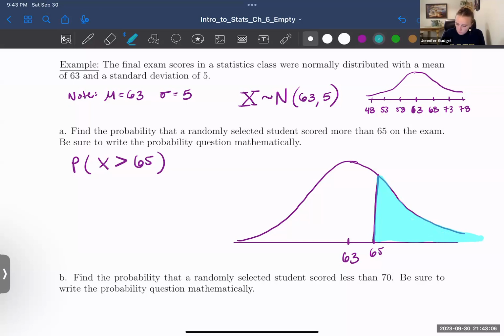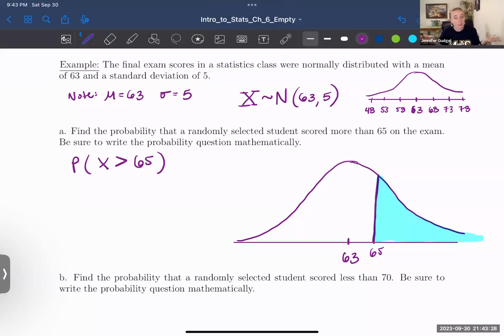All right, and I'm drawing this one because, again, if we don't have a computer lab on the exam, this is a way where I can make sure that you understand what you would be looking for on that calculator. All right, because the normal distribution calculator I'm going to show you here in a second will have this picture.